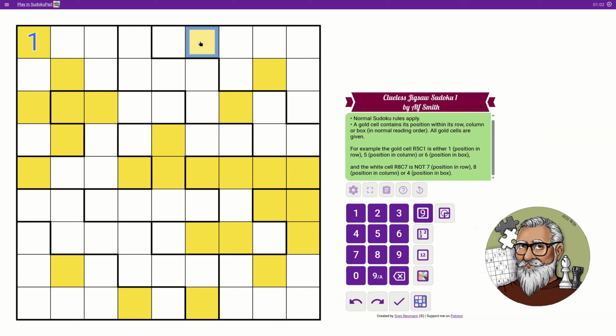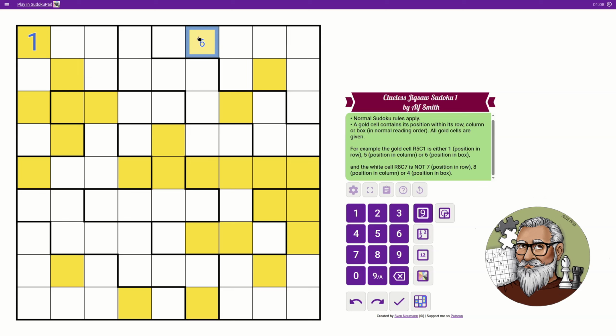What about this one? Well, this one could be 6 because of its position in the row. Could be 1 in principle because of its position in the column, but it can't be 1 anymore for Sudoku rules. And it can be 2 because it's in the second position in its region. What about this one?